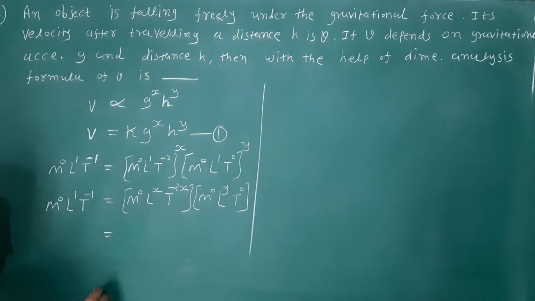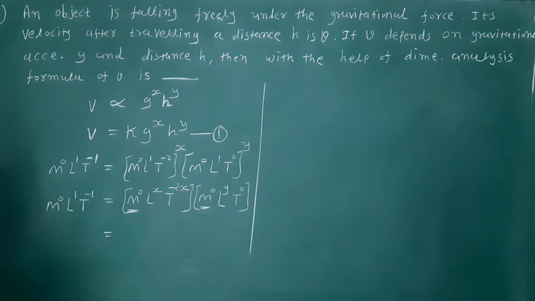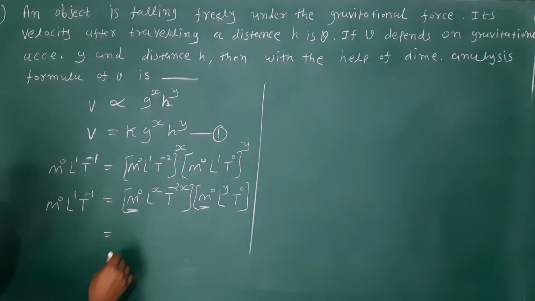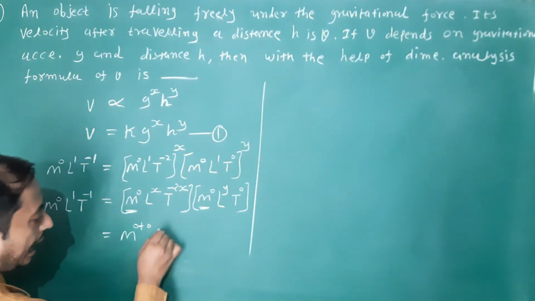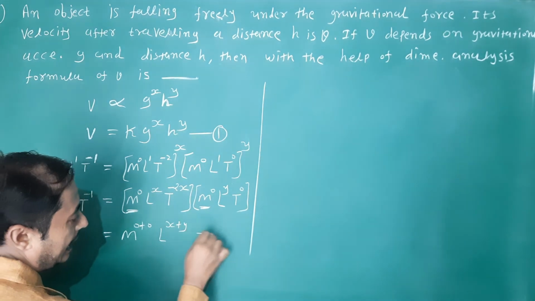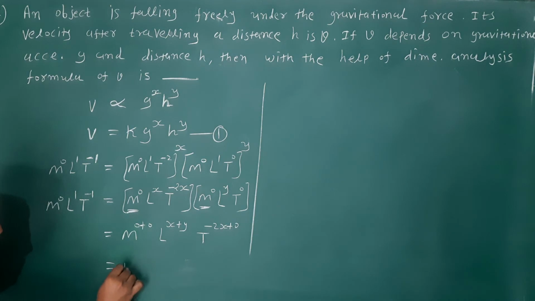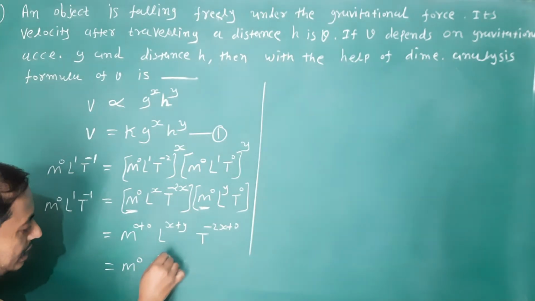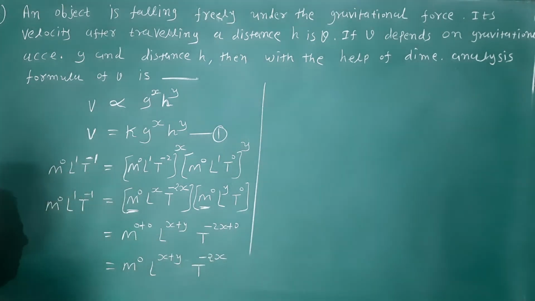Friends, here the bases are same, so add the powers. Means M raised to 0 plus 0, L raised to x plus y, and T raised to minus 2x plus 0. Means M raised to 0, L raised to x plus y, and T raised to minus 2x.